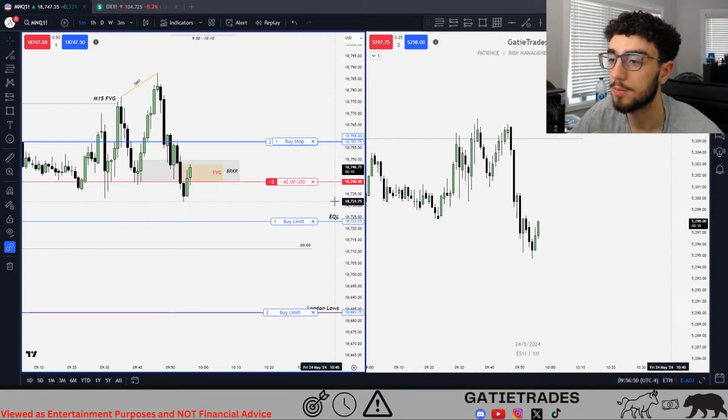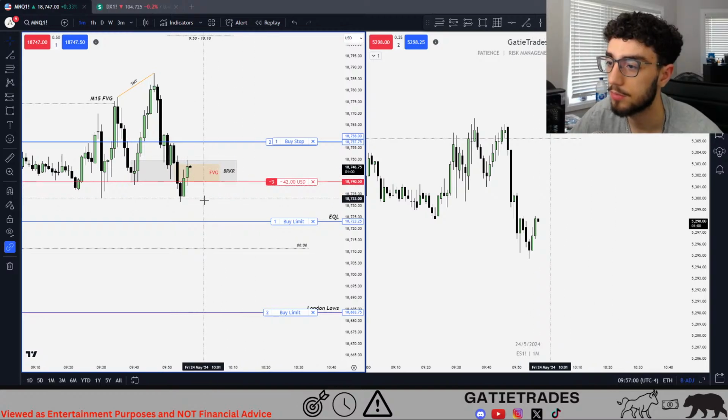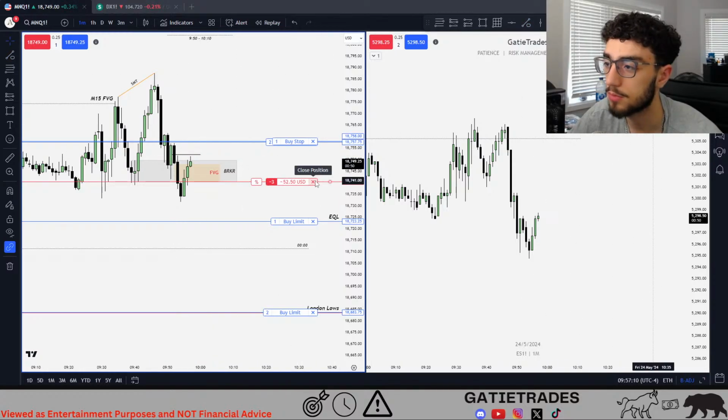Let's see. Trading at the high of the breaker. If we close above this fair value gap, I'm gonna close my position. I'll get permission for like 50% of this order block maybe, but then I'm closing early.